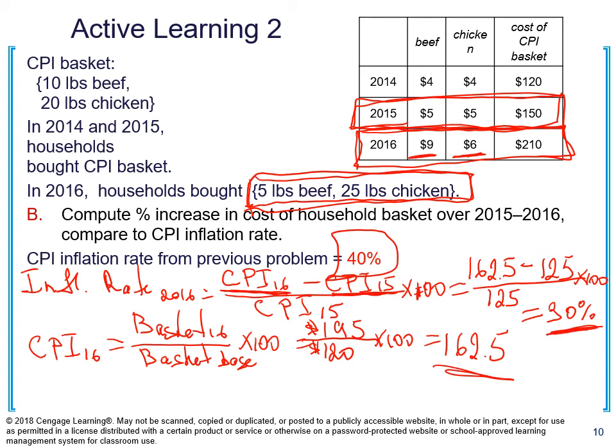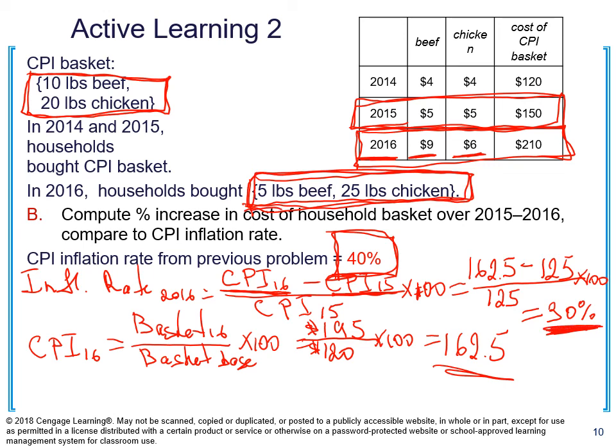Remember, when BLS reports the consumer price index using fixed quantities for year 2016, the inflation rate was actually 40%. But if we recalculate it with the quantities that a typical consumer uses in reality, then the inflation rate is only 30%.